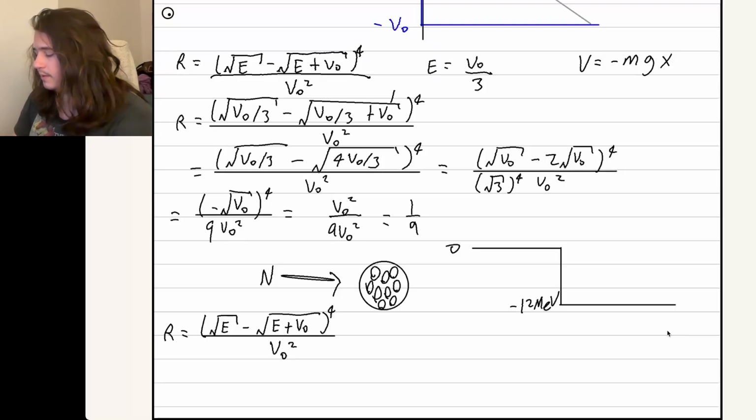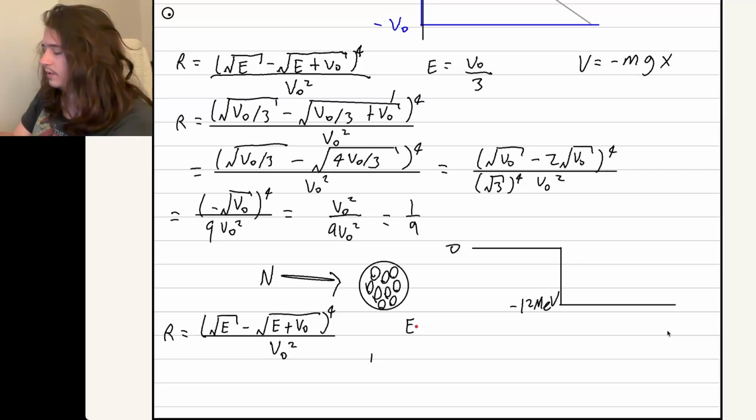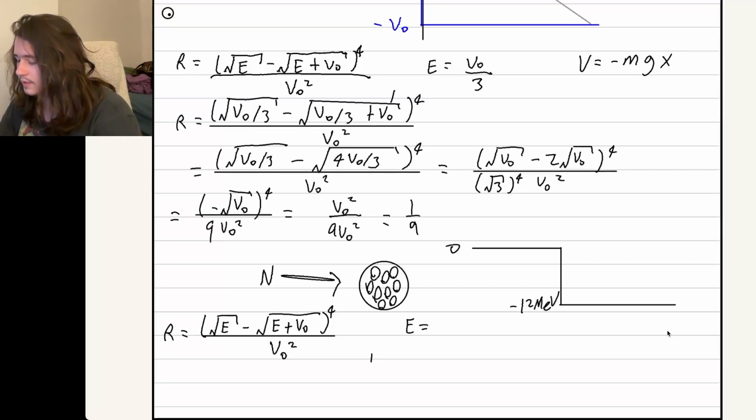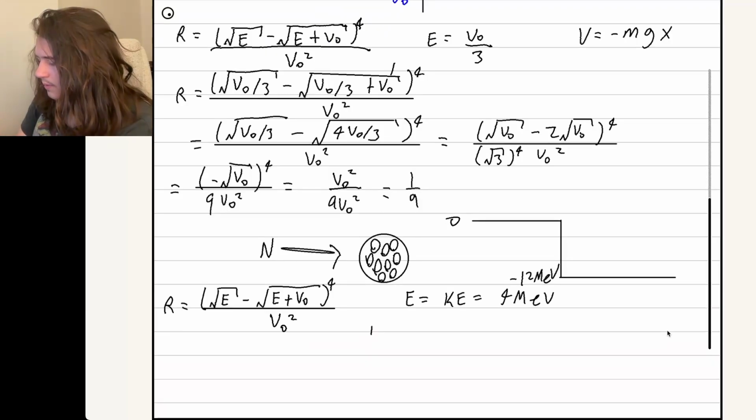And then the problem statement gives you a kinetic energy that the neutron has, and because it's experiencing zero potential outside of the nucleus, it will have a total energy equal to its kinetic energy, which in the problem statement was 4 mega electron volts.